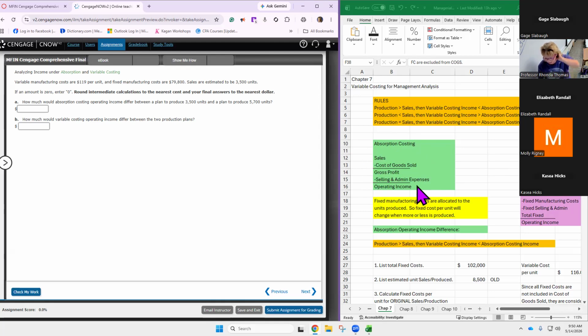And remember, when we did manufacturing, we had 3 inventory accounts that we ran all our costs through until they got to the cost of goods sold. We went through materials, work in process, finished goods. When something is sold, it's usually sold out of finished goods.